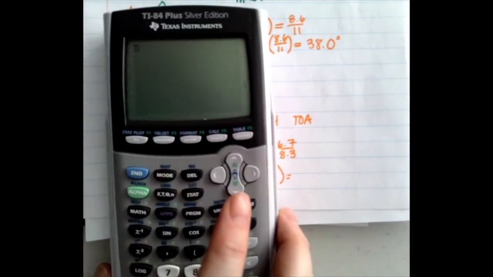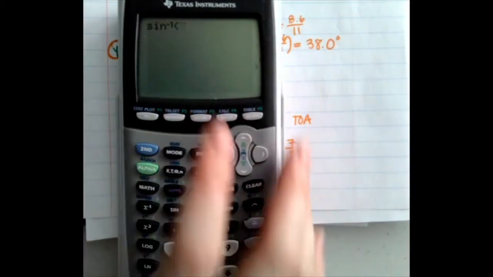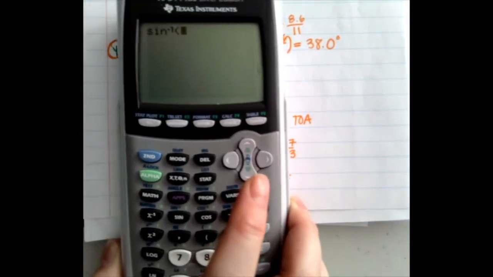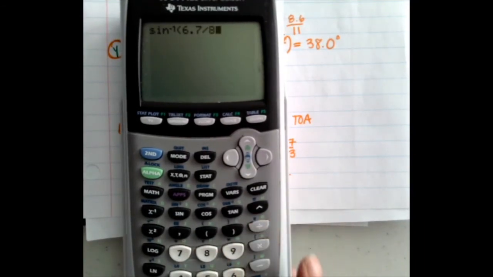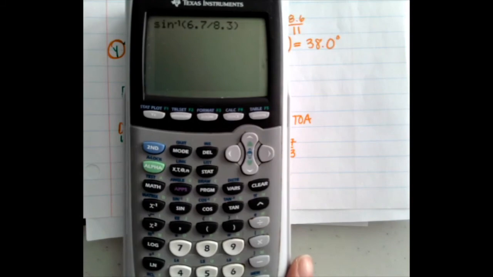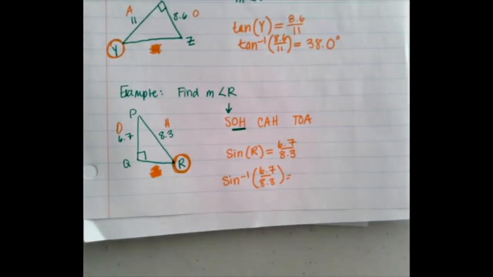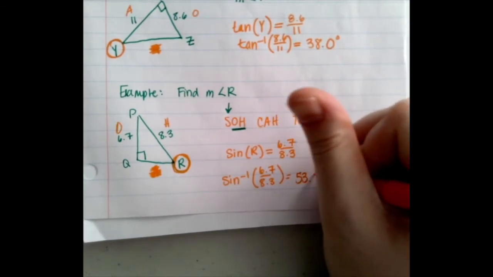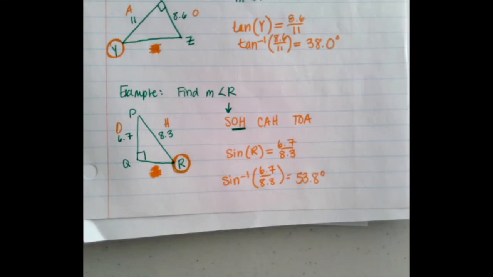So I'm going to hit the blue button, sine inverse of 6.7 over 8.3. And we get 53.8. And again, this is an angle, so we need to make sure that's in degrees.